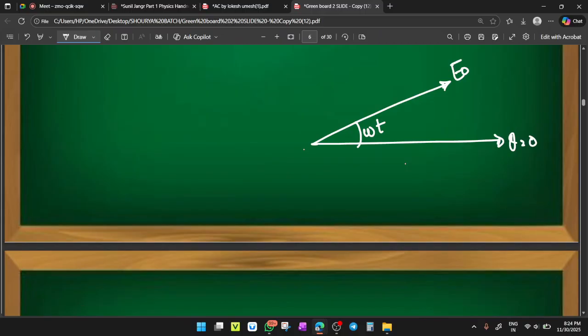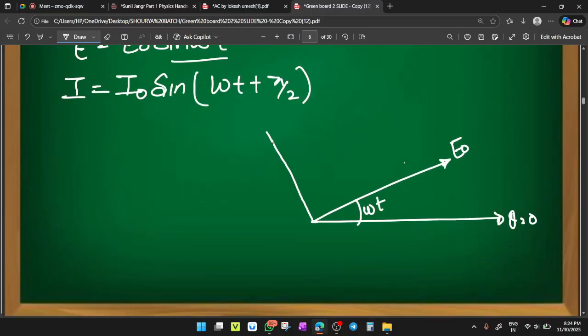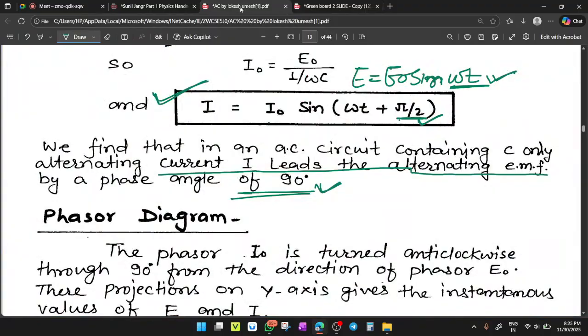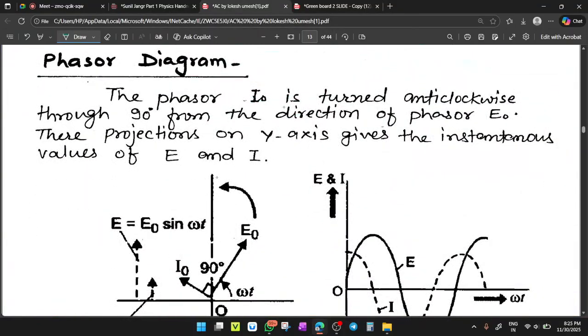So from here, at an angle of pi by 2, the complete angle becomes omega t plus pi by 2, and there will be the current I naught. So this is the phasor diagram. Check the phasor diagram.